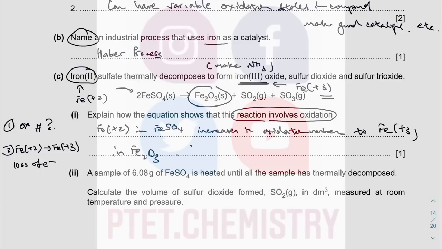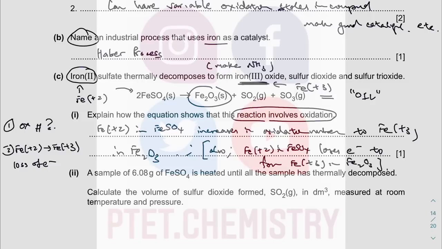So you also know that oxidation is loss of electrons, OIL RIG. This is an alternative answer, not an additional answer. You can say iron +2 in FeSO4 loses electrons to form iron +3 in Fe2O3. Realistically speaking, I still think oxidation number is the best way of answering it.